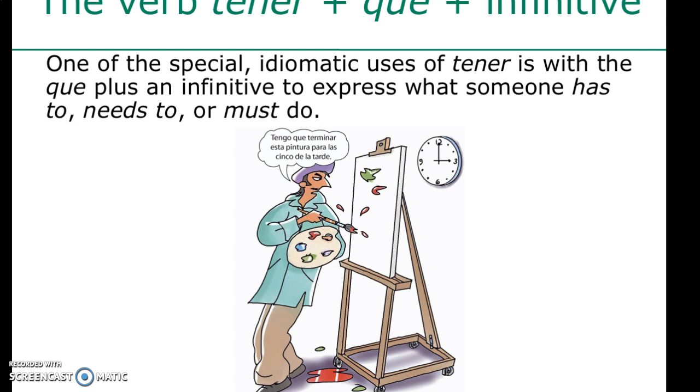And tener que plus the infinitive, el infinitivo, which is an unconjugated verb. So a verb that we have not messed with yet. It still has the AR, ER, or IR attached. That's an infinitive. So we use tener que with that infinitive when we want to talk about something that we have to do. Okay, so it usually translates as I have to do something.